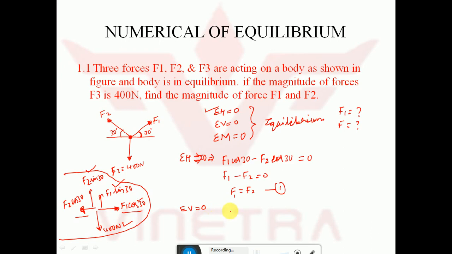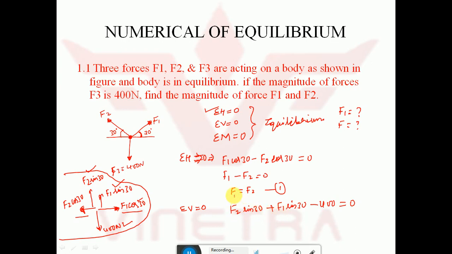So F2 sin 30 is acting in upward direction, positive, plus F1 sin 30, it is also acting in upward direction, positive. 400 is acting in downward direction, so minus 400. This should be equal to 0. Now F2 value we don't know, F1 value we don't know. Sin 30 is nothing but 0.5.